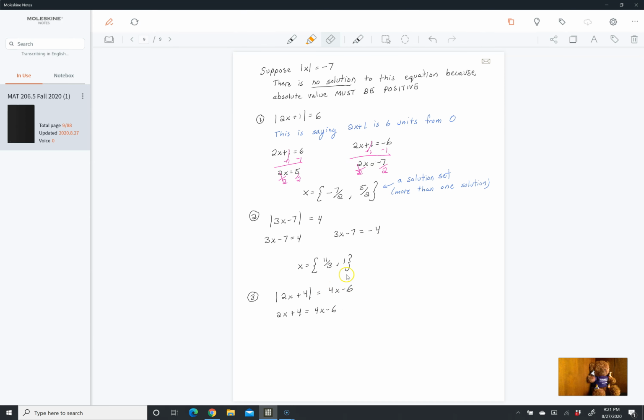So it's either equal to the positive of the right side, or it's equal to the negative of the right side. So our second equation is 2x plus 4 is equal to negative 4x minus 6. Okay, so the left side equals the positive of the right side and the negative of the right side. These are your two equations.